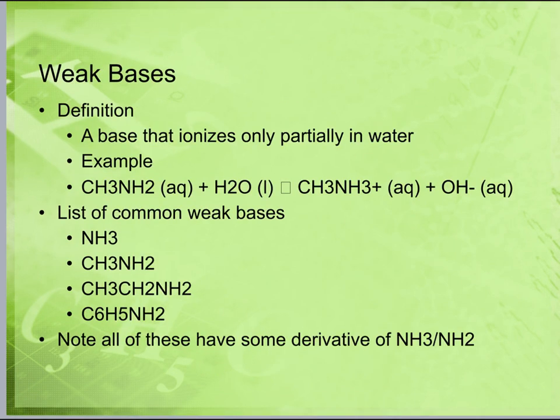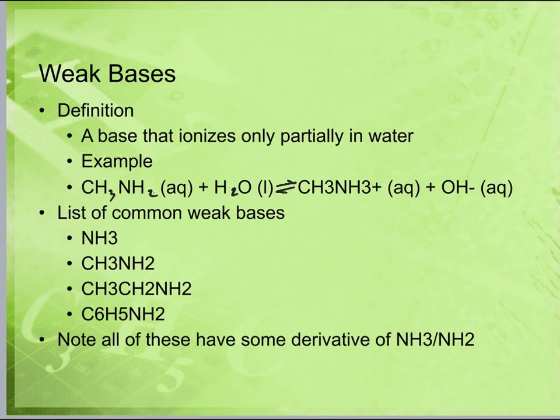Okay, so a weak base is a base that only ionizes partially in water. So we're going to have less than 100% dissociation. I'm going to go ahead and fix this one up here. We got CH3NH2, and if we put that into water, H2O, we don't get 100% dissociation. We only get this partial dissociation.